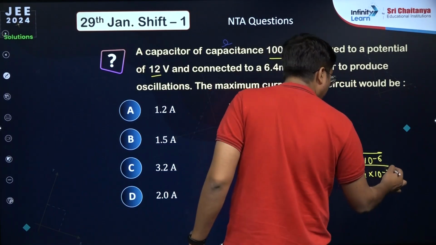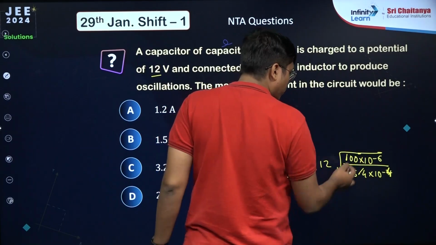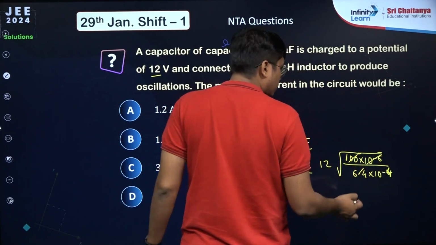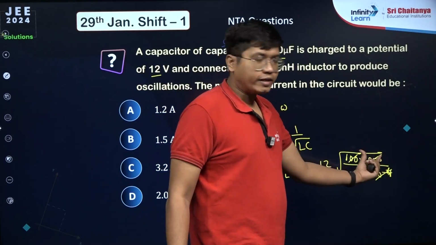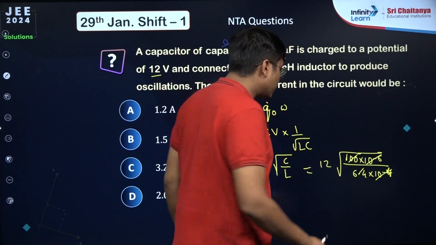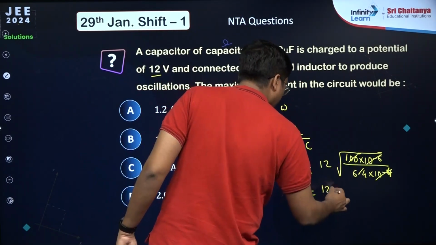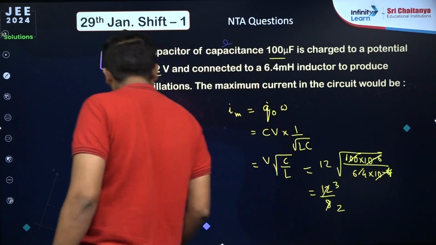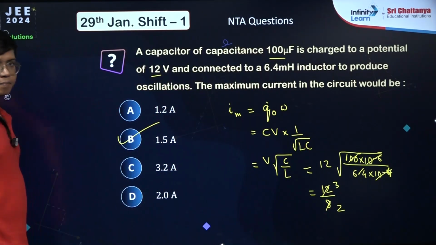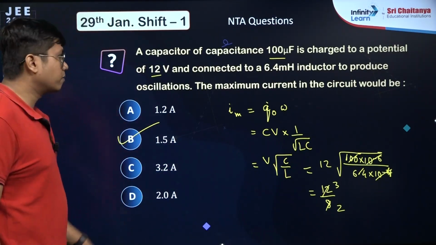Make it 10 to the power minus 4 and cancel out. So you have just 1 by 64, that comes out as 1 by 8. So 12 by 8 is 3 by 2. So you have 1.5 amperes as the answer. That is the maximum current.